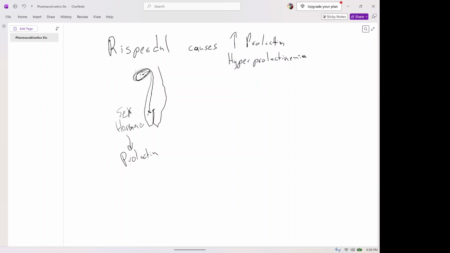the important thing here is that the thing that stops this, that regulates this and slows it down, is dopamine. So dopamine is sort of an inhibitory chemical, the stop sign, if you will, to the production of different middle hormones that eventually lead to prolactin.